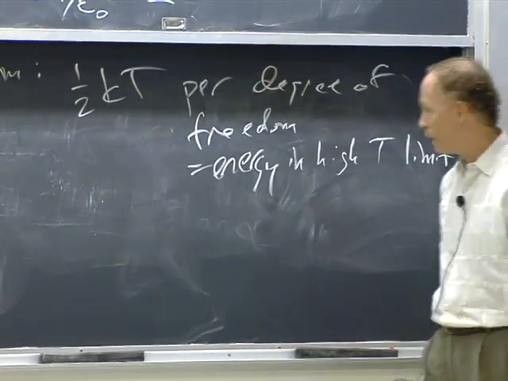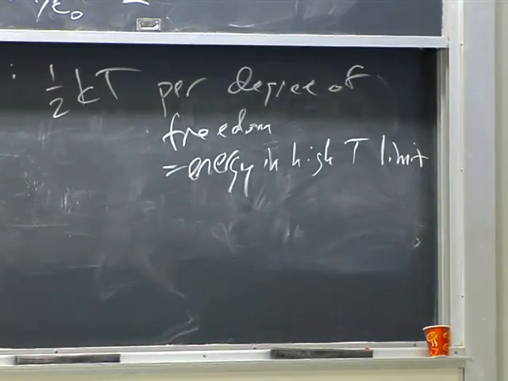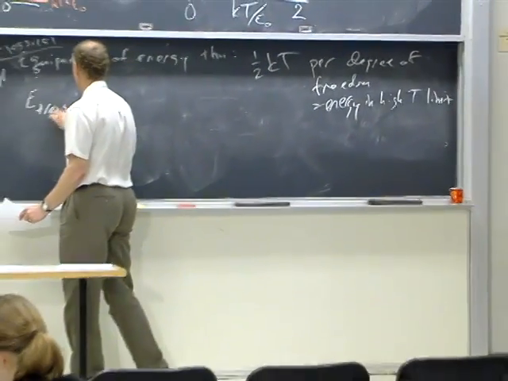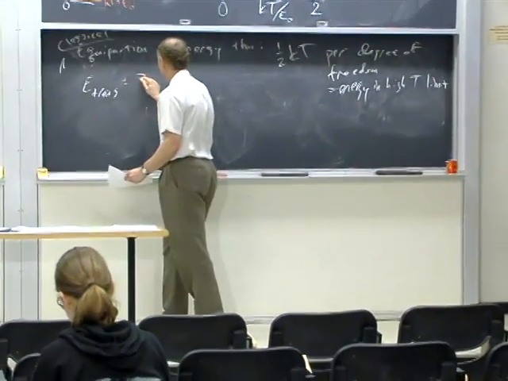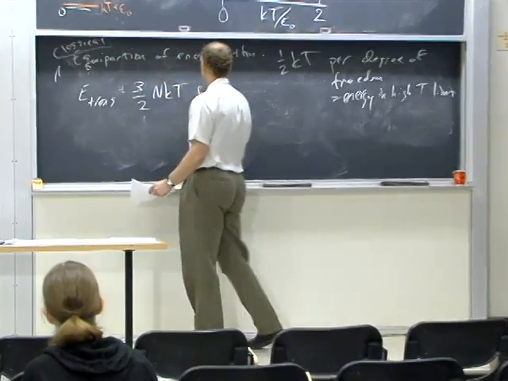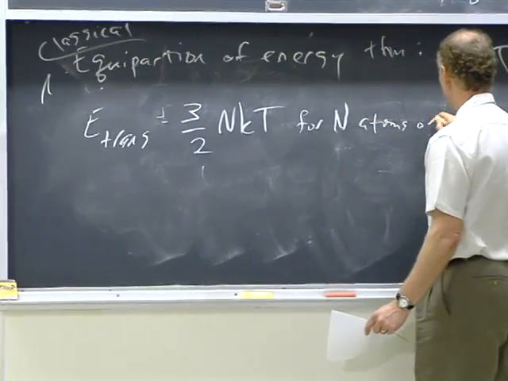And in particular for translation, E translational is 3/2 nkT for n atoms or molecules.